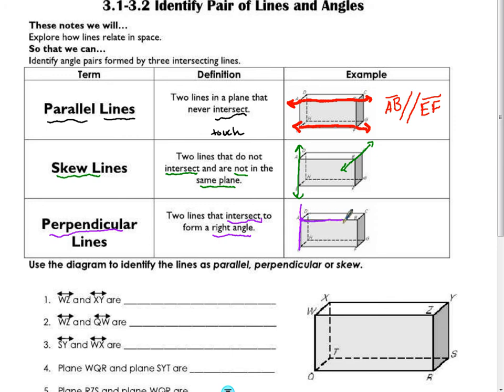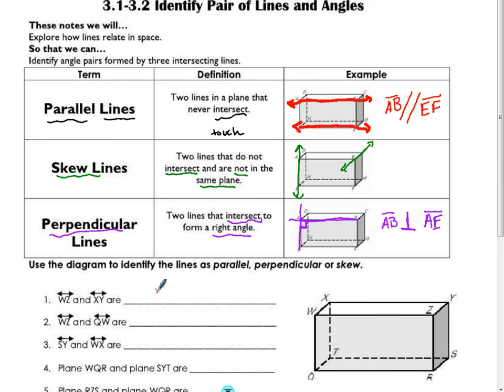As long as it's a rectangular prism, these two lines are going to form a right angle, and they intersect at one spot. So we could say that AB is perpendicular, upside down capital T, that's my symbol for perpendicular, to AE. Okay? So we have parallel, perpendicular, and skew.